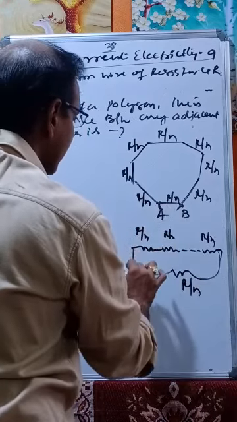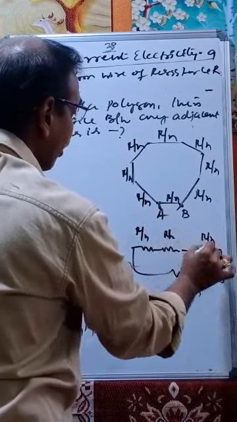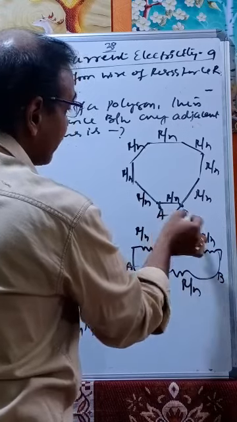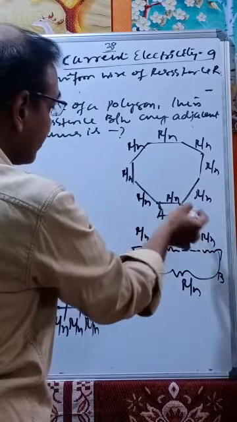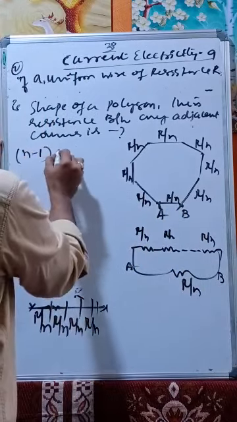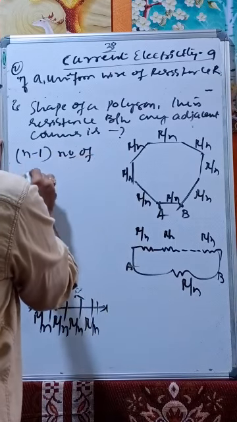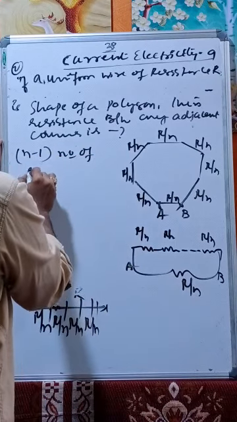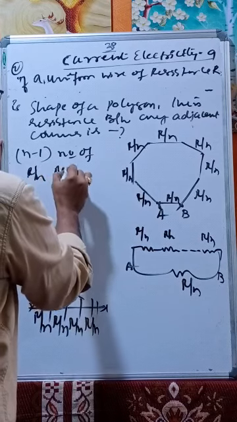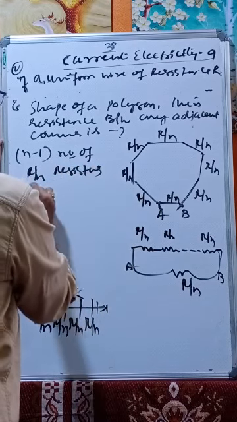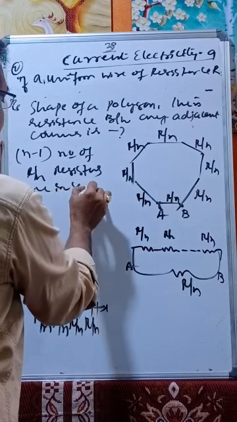From A to B, how many are there in series? Total is n, so this will be n minus 1 resistors of R by n in series.